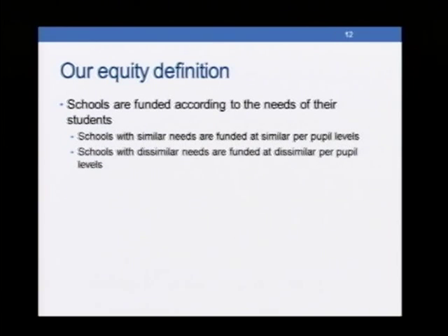And so just real quick, a level set about the equity definition that the design team came up with. Schools are funded according to their needs, and what that means in practice is schools with similar needs are funded at similar per pupil levels, and schools with dissimilar needs are funded at dissimilar per pupil levels. Visually, as the level of need in a school increases, so too should the per pupil allocation to that school.